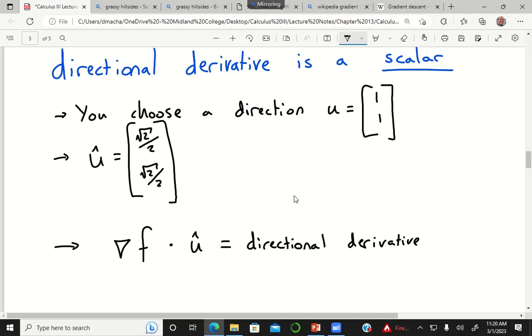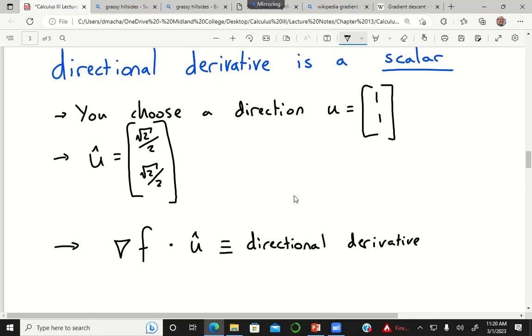So you guys know how to do the gradient, because the gradient's just the list of the partial derivatives. You guys know how to find a unit vector in the same direction as any vector. And you know how to do the dot product. So that is all a directional derivative is.